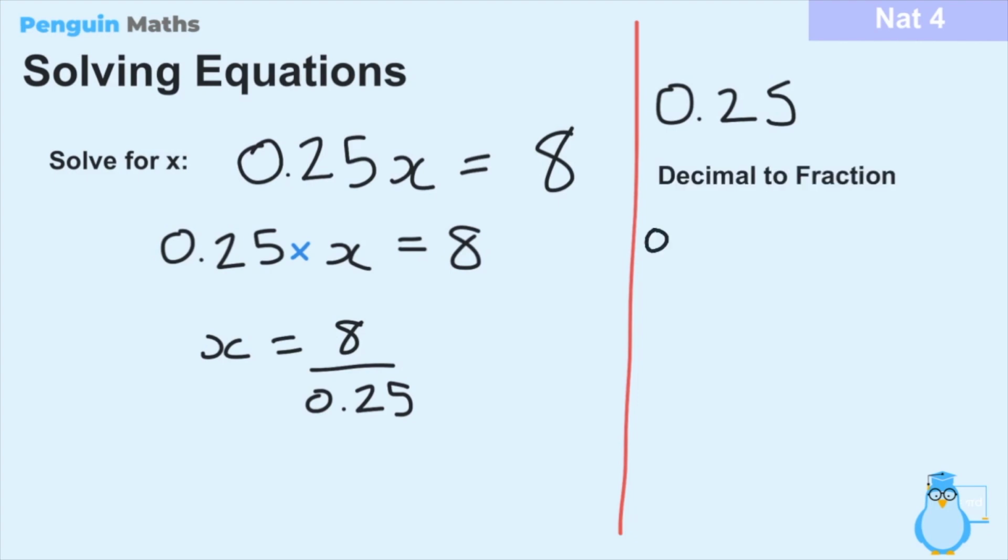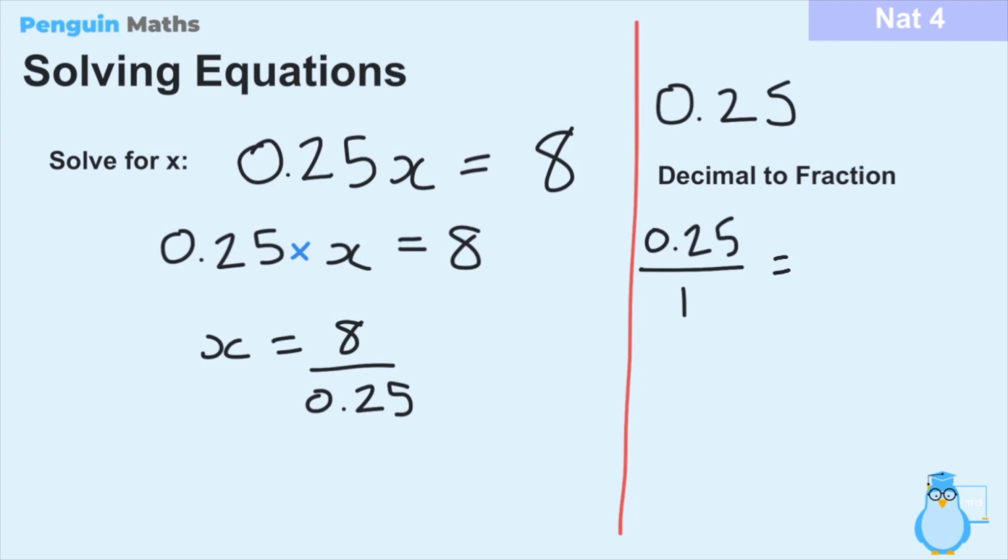And the way we do this is, if we write 0.25 over 1, what we want to do now to get this into a proper fraction is to get the number on the top equal to 1.